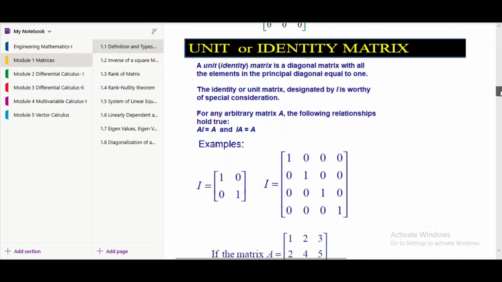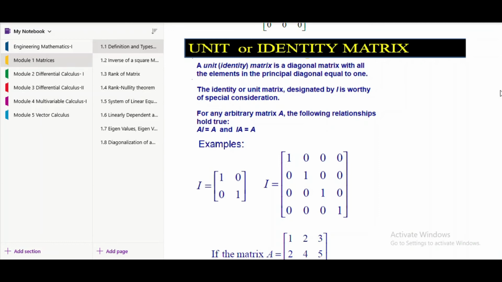Another definition is for the unit or identity matrix. An identity matrix is a diagonal matrix with all the elements in the principal diagonal equal to one, unity, and the identity or unit matrix designated by capital I is worthy of special consideration.